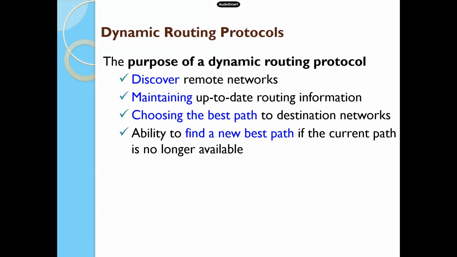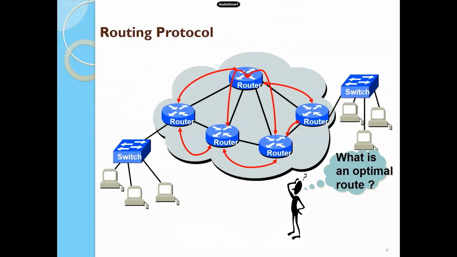And that's one good thing also. Assume that a path has been disconnected or broken. It will happen by itself. It will find a new best path if there's an issue with the original path. So for example, in this slide here, assume the initial route was something like this.